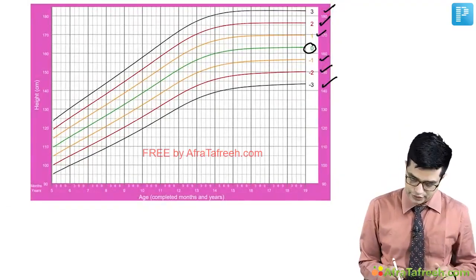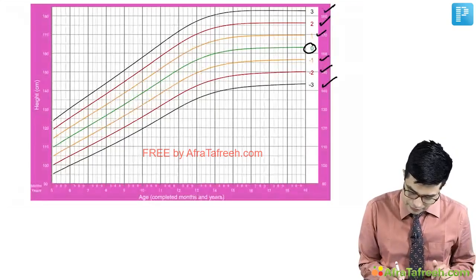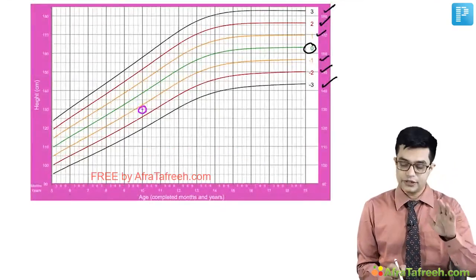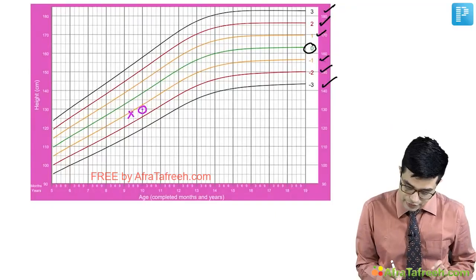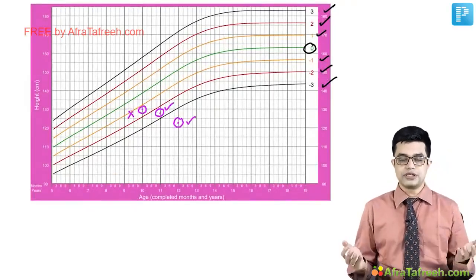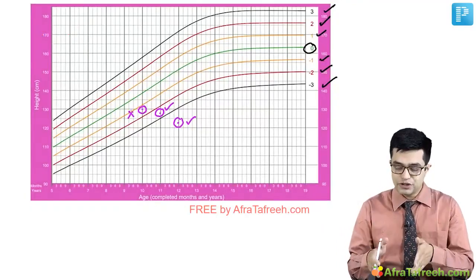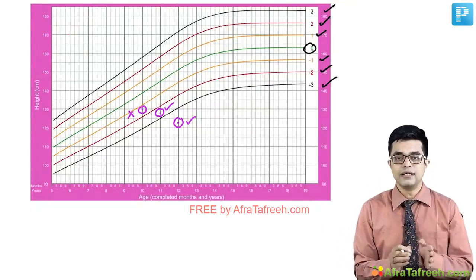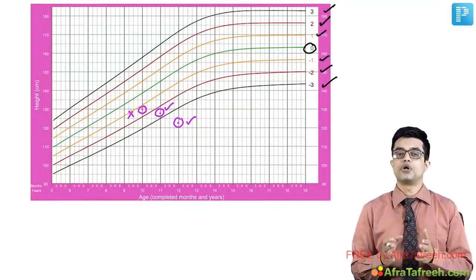Suppose there is another child, a 10-year-old, and you plot and it comes between -1 and -2, you will not call it short stature. So this is not a short stature child. If it is below -2, then you call it short stature. If it is below -3, then also you call it short stature. Obviously, it will be the more severe form. So for any child in this chart, if you plot the height and it comes below -2 standard deviation, you will call it short stature.